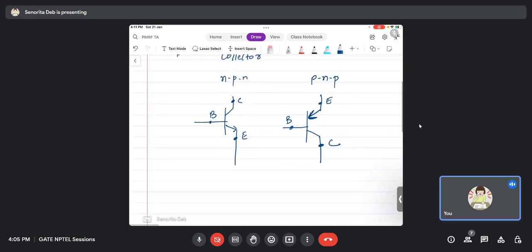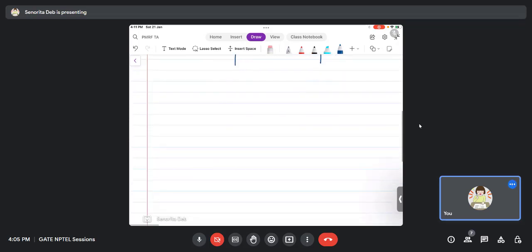Now suppose I take the BJT and I connect an input to the base, and I take the output from here. When I say that I connect the input to the base and take the output, what I mean is, I take an external function generator and physically connect it to the base.